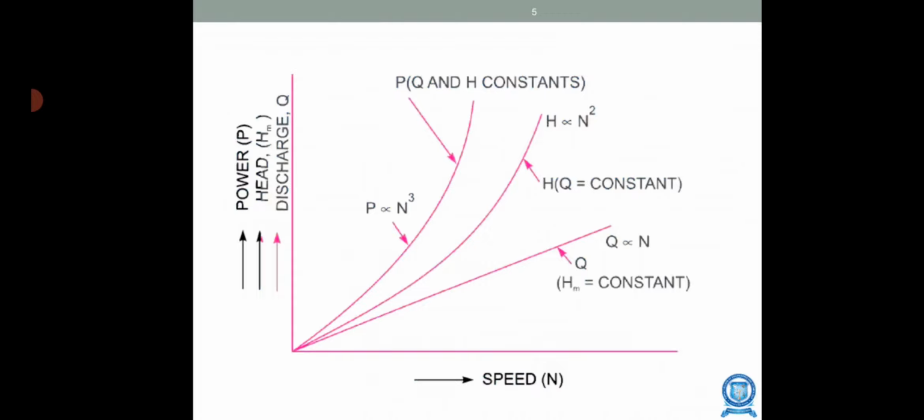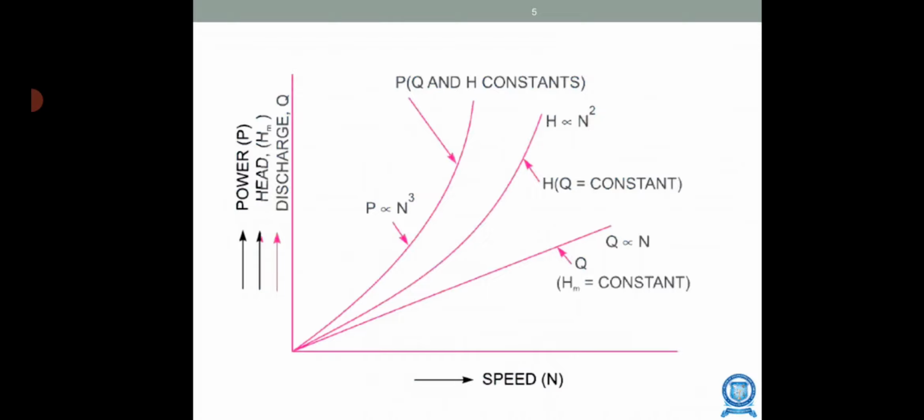Please see the diagram. In the first diagram we have speed on the x-axis and power, head and discharge along the y-axis. You can see how power varies with speed: P is directly proportional to the cube of speed, n cubed. The second curve is H directly proportional to n square, so the head increases as n square.